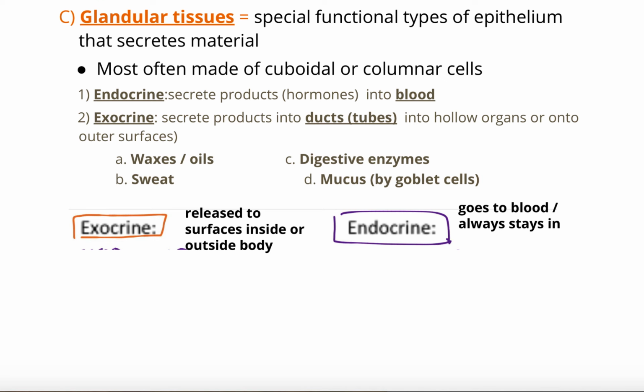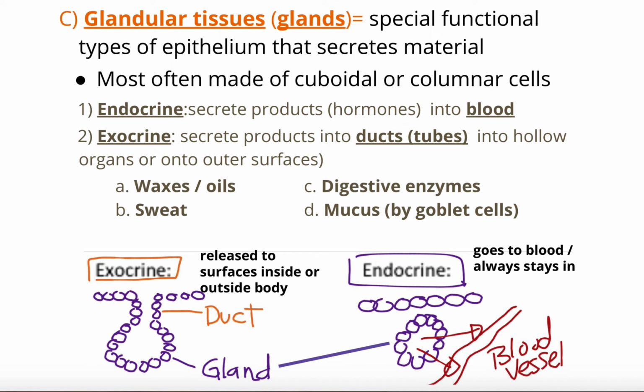Okay? So in this case, one way to draw it is your gland part, and I'm going to color it a different color here. Your gland part is a single layer, sometimes a double layer, of cuboidal or columnar cells. And they're creating materials and dumping them into this hollow space here.